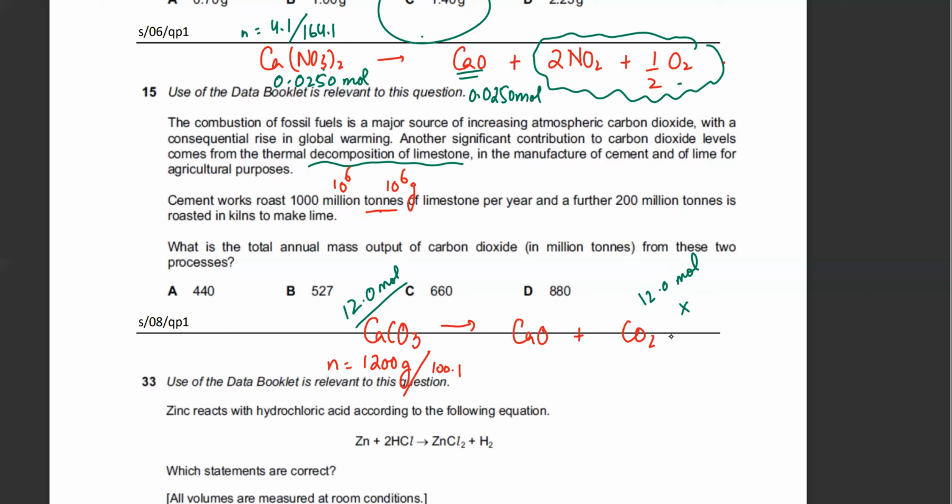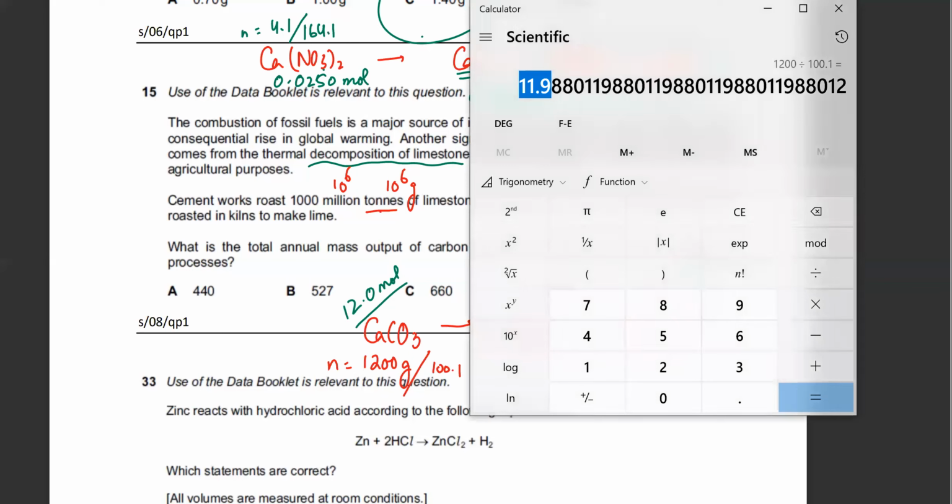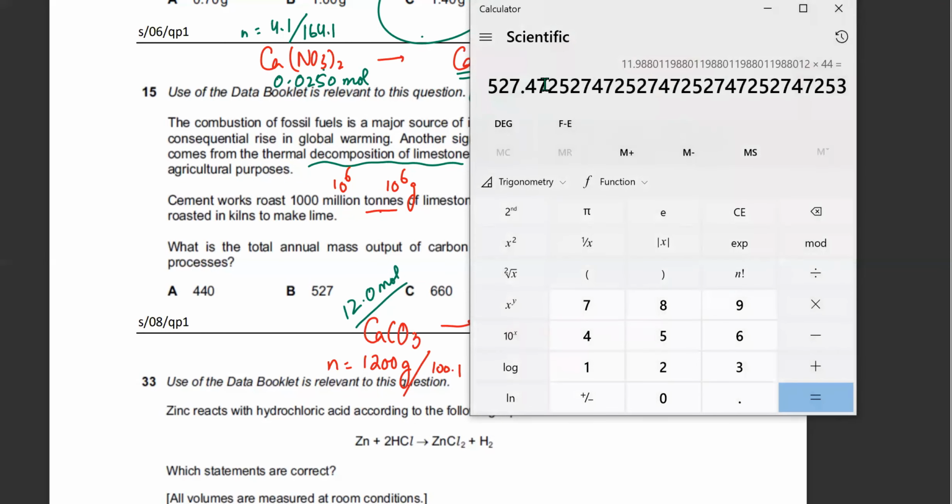You multiply it by the MR of carbon dioxide, which is 44. Carbon is 12, oxygen is 16, 16 times 2 is 32 plus 12, that's 44. You multiply by MR, you get the mass. Remember, on my calculator I'm not going to round off things; I'm going to keep them as accurate as possible. So multiplying by 44, I get 527.47.